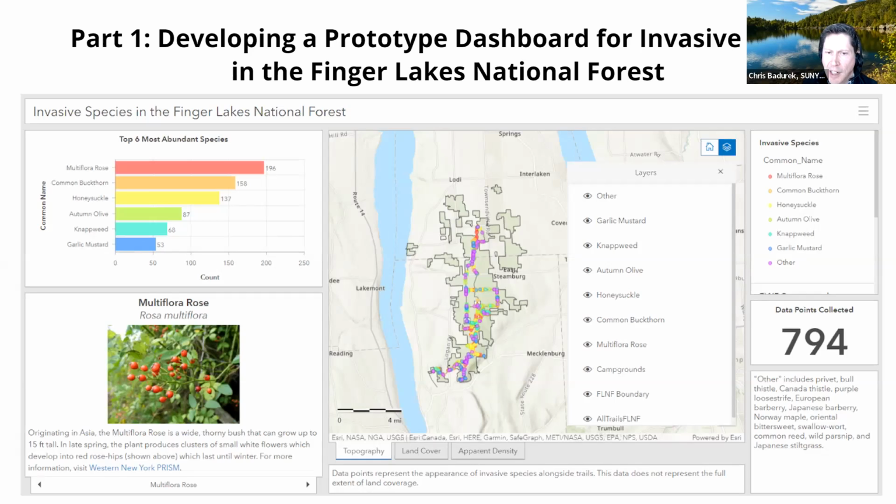So what Shelby worked on was an interactive web-based dashboard that portrays all of the invasive plants. It can be set up with real-time updates, for example, with these graphs. You can see the list of species, the total number of species, and there's information that she created about each of the species themselves.